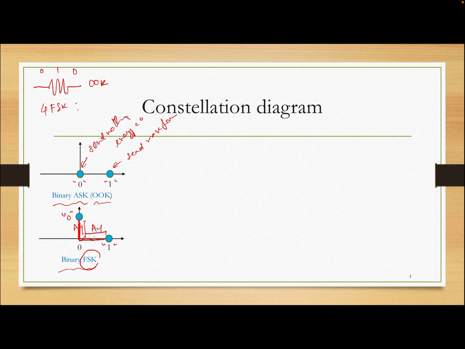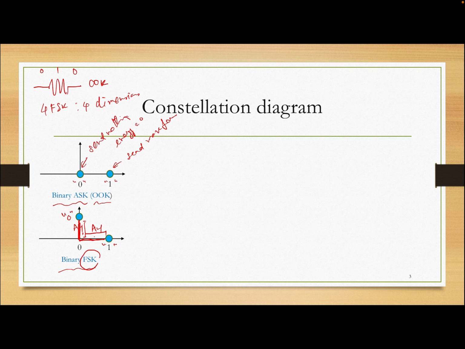But if you have numeric FSK, for example 4FSK, you have to have 4 dimensions, which means that you have 4 axes that are orthogonal to each other, and then you will have a point on each axis to represent the signals. The 4 signals, you have 4 points on the 4 axes.